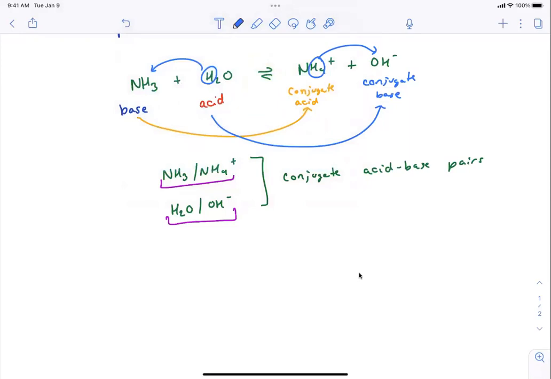Does that make sense? Well, you have to look at whichever one's giving it up to look at the other side. So like look at what results on the other side, and that should tell you. So in this case, because NH4 plus goes to NH3 in the reverse reaction, that tells you NH4 plus is an acid. So yeah, not necessarily the most H's.